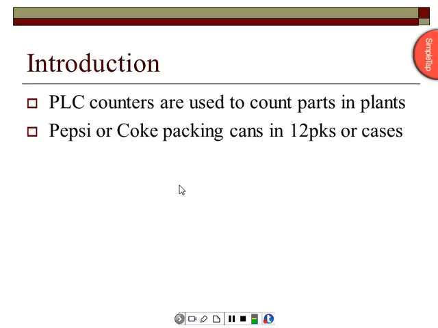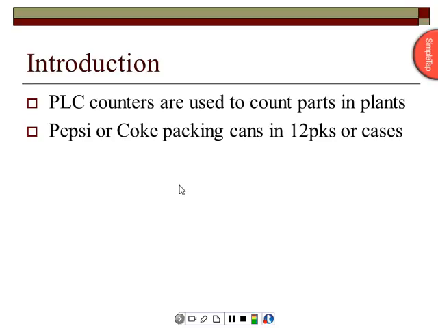Alright, or we can count Pepsi cans. Every Pepsi can that comes down the line after they filled it gets counted. Or Coke. Once I get 6 of them, if it's going in one of those bands, it gets sent to another machine to have that plastic band put on it. If it's going into a 12-pack, it's sent over here to a cardboard machine that's going to wrap that cardboard around it.